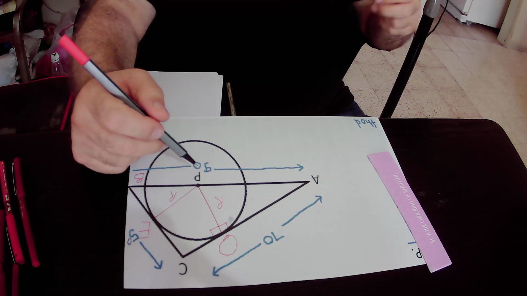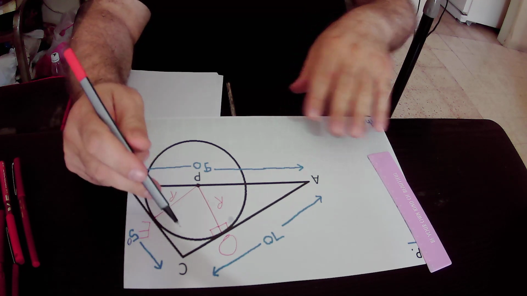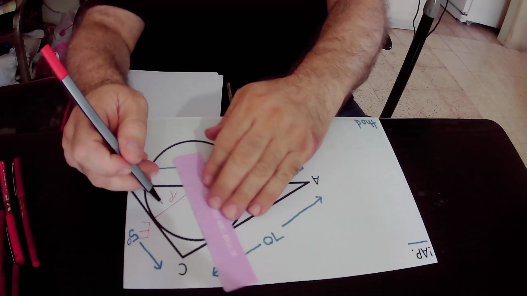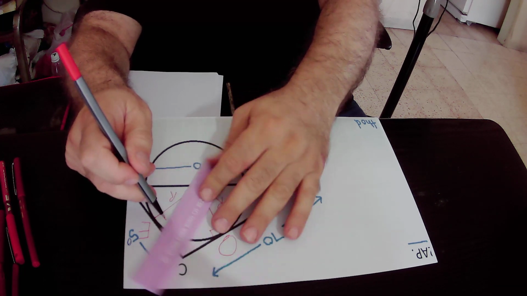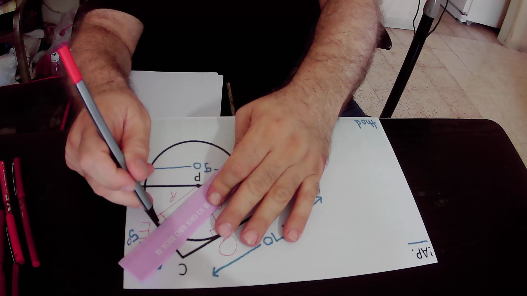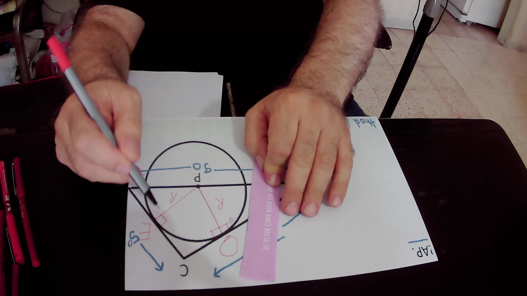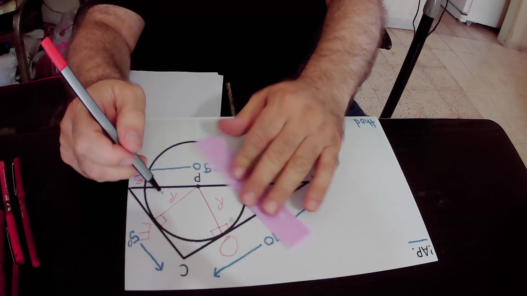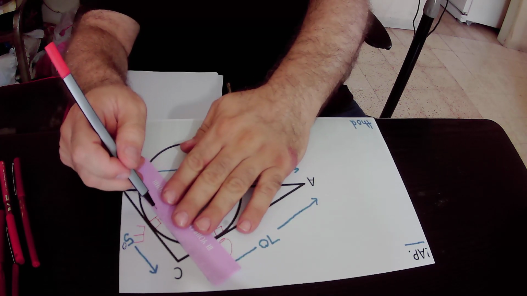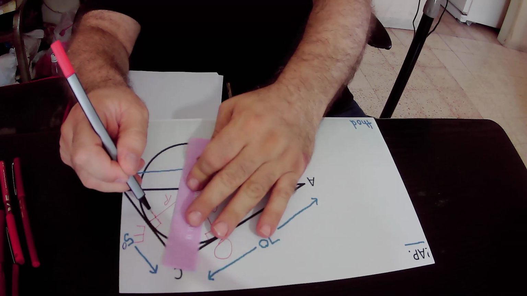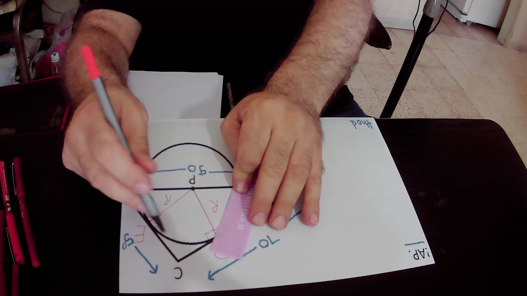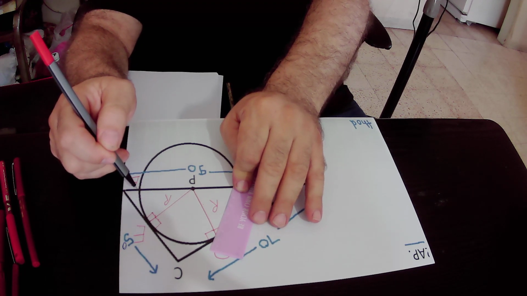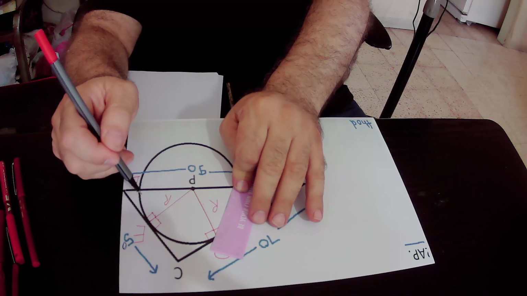That is to say, angle PEC equals 90 degrees, and also angle PEB equals 90 degrees, because the radius is perpendicular to the tangent to the radius.